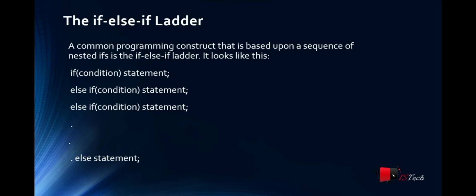If none of the conditions is true, then the final else statement will be executed. The final else acts as a default condition. That is, if all other condition tests fail, then the last else statement is performed. If there is no final else and all other conditions are false, then no action will take place.